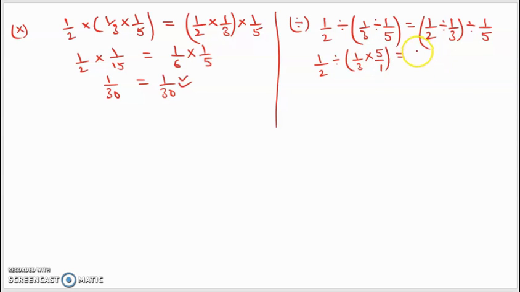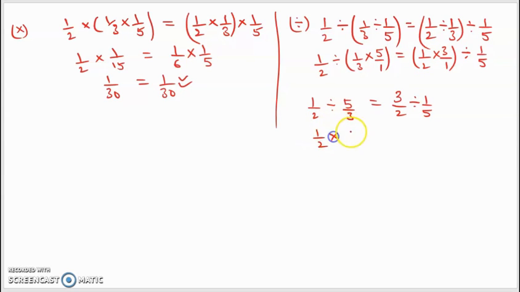I'm just changing the division to multiplication by taking the inverse. So now 3 by 2 divided by 1 by 5 should be equal to 1 by 2 divided by 5 by 3. I'll again take the inverse. So 3 by 2 into 5 by 1 should be equal to 1 by 2 into 3 by 5.